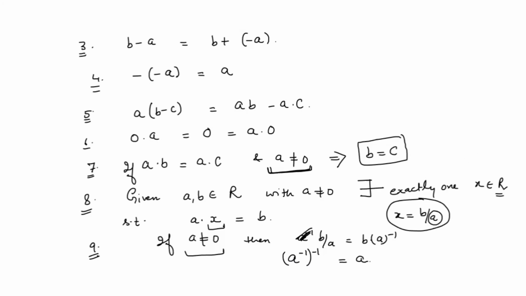The next property is, if AB is 0, then either A is 0 or B is 0. If the product of two real numbers is 0, then this implies that either A is 0 or B is 0.